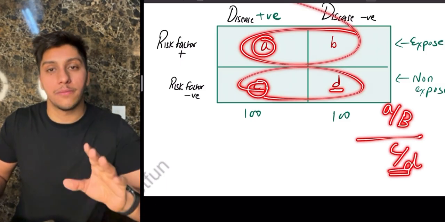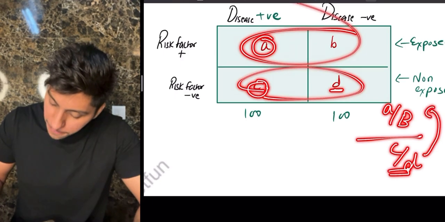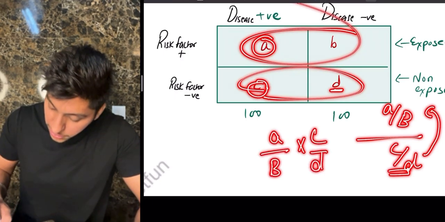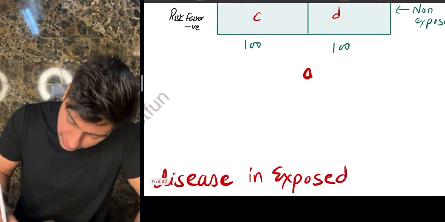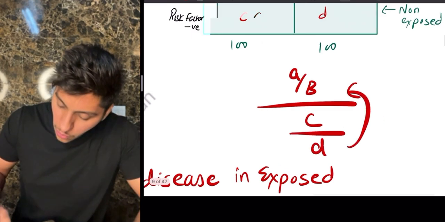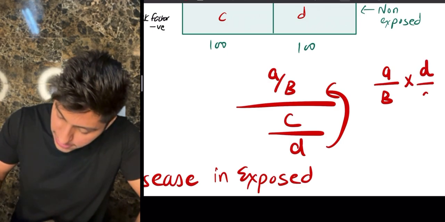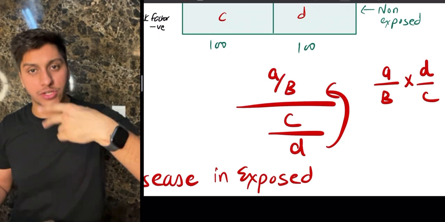This is the basic mathematics. You don't have to remember the full mathematics. Just remember that when you put this up, because of division, there will be a cross. The D comes up. This is A by B divided by C by D. If you put this up, what happens is A by B times D by C, because the D comes up whenever you go from division to multiplication.